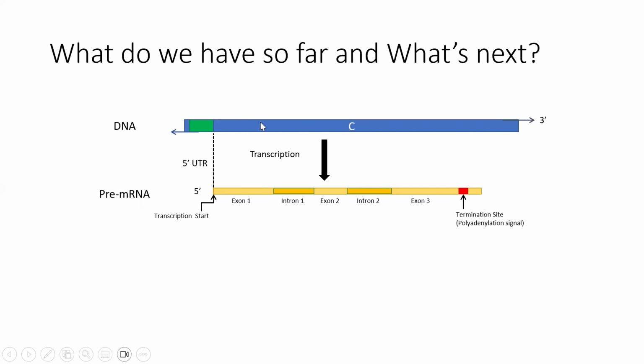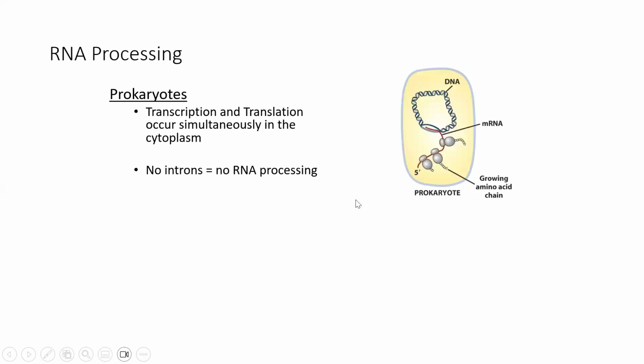And now we know that we can also transcribe it into mRNA, but this particular type that is directly out of transcription is called pre-mRNA or the nascent transcript. So how do these become more mature?